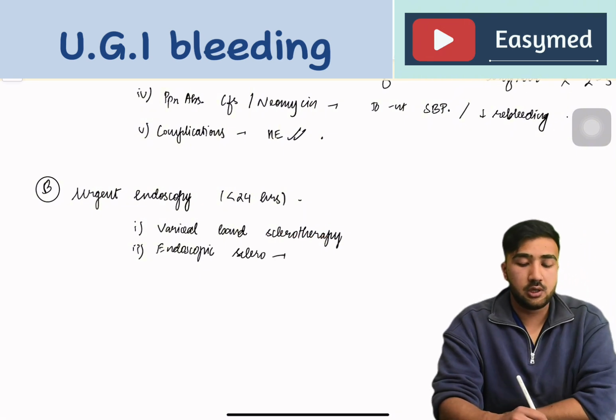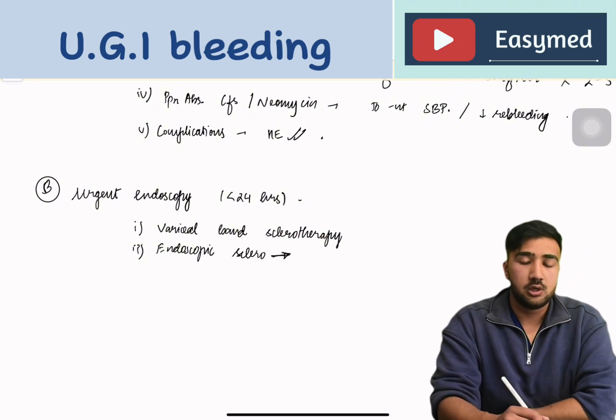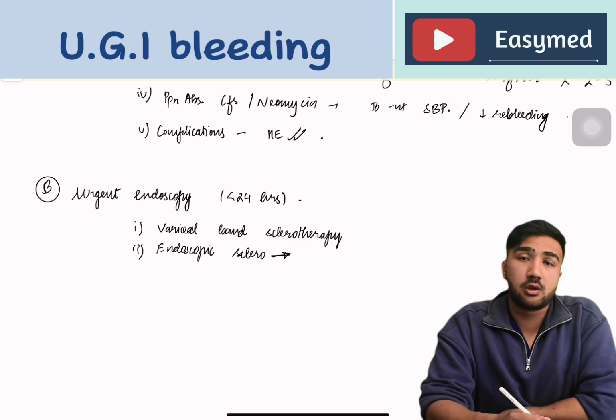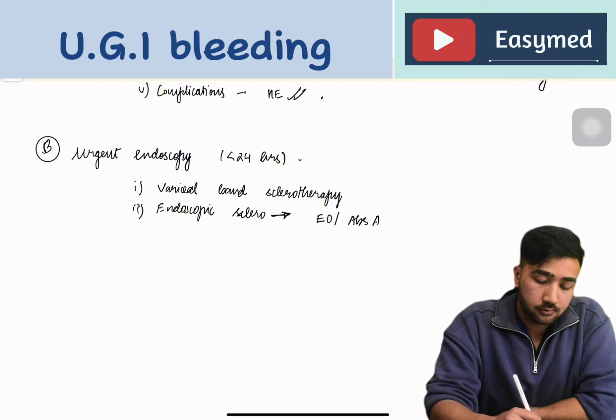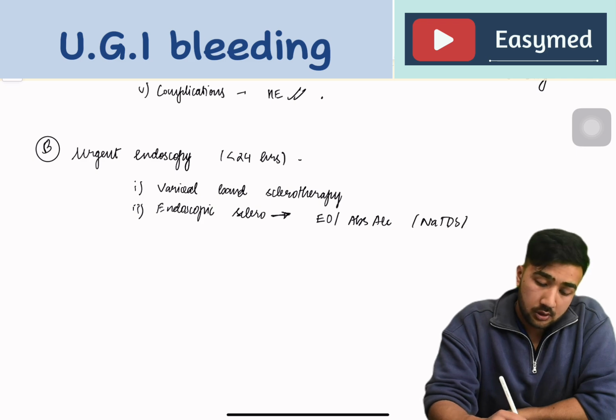Sclerosing agents are very commonly asked in our MCQs, and they can also be asked in vivas. So some of the common sclerosing agents are ethanolamine oleate, absolute alcohol, sodium tetradecyl sulfate, cyanoacrylate.